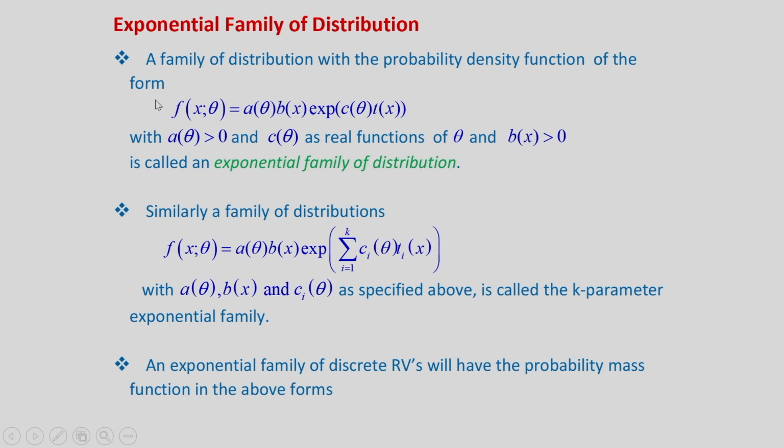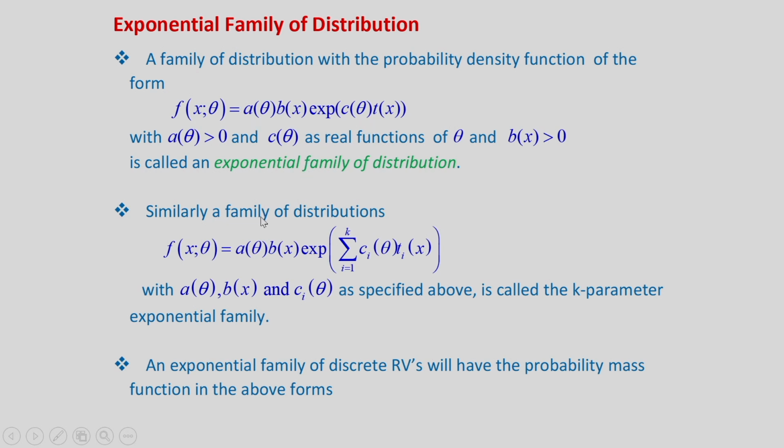If we can write it in this form with a(theta) greater than 0, because it is a probability, this quantity must be greater than 0, and c(theta) is a real function of theta and b(x) greater than 0, then this family will be called the exponential family of distribution with one parameter.